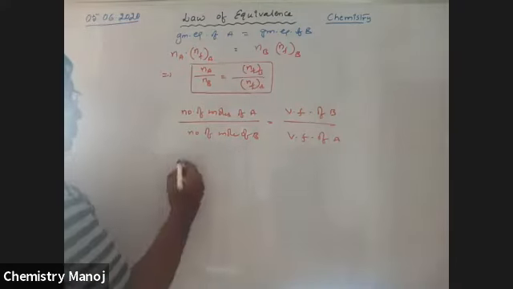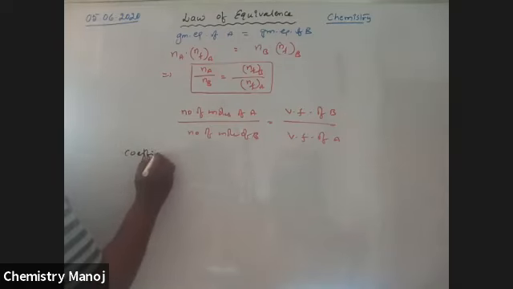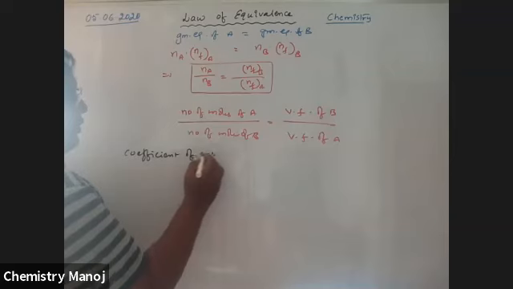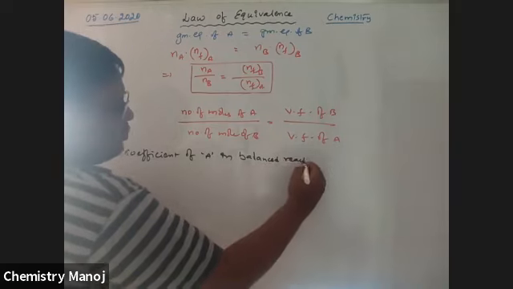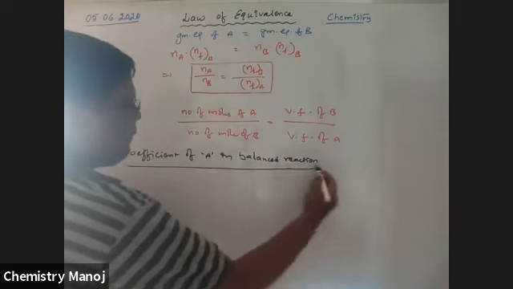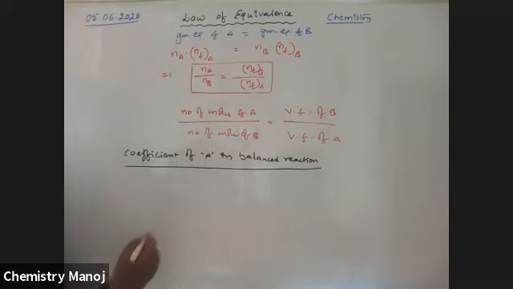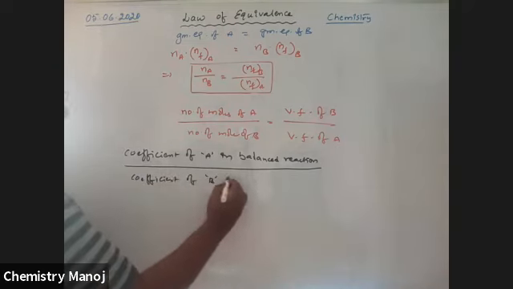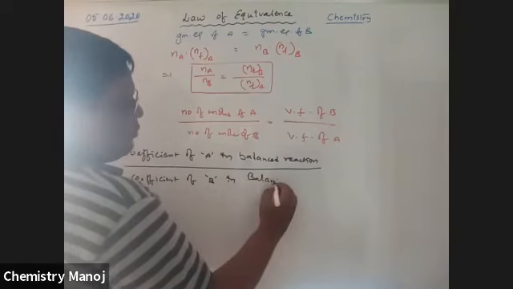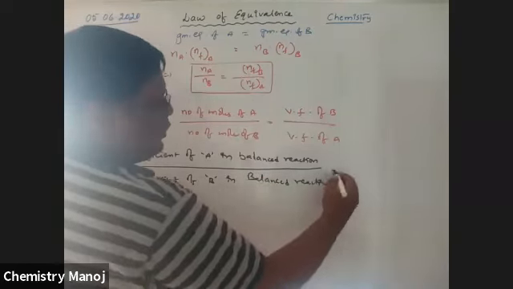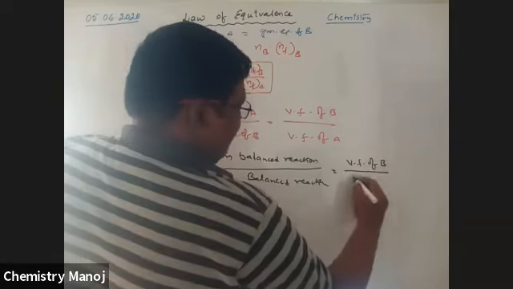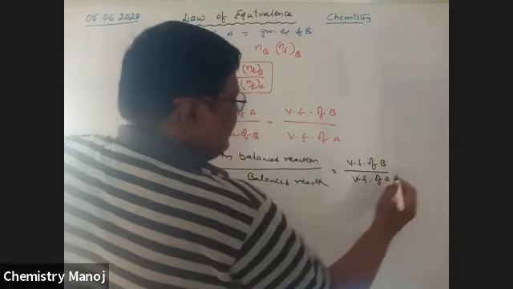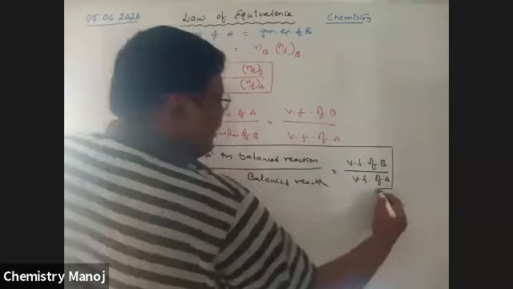That is, the coefficient of A in the balanced reaction by the coefficient of B in the balanced reaction is equal to the valency factor of B by the valency factor of A. This is the frequently used equation.